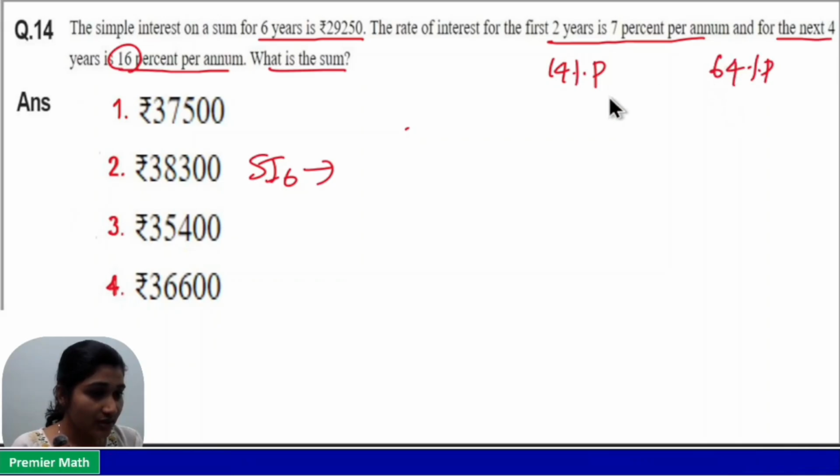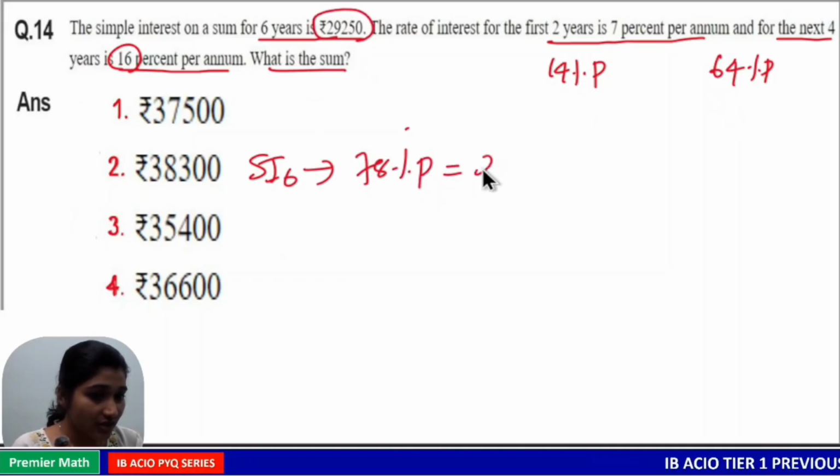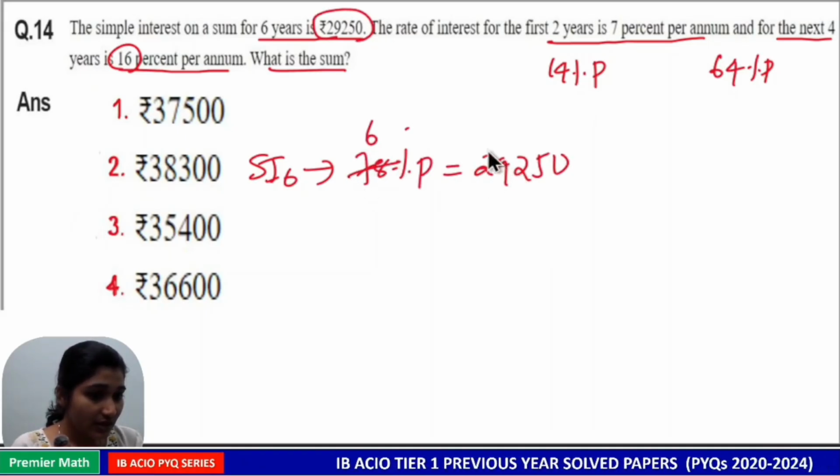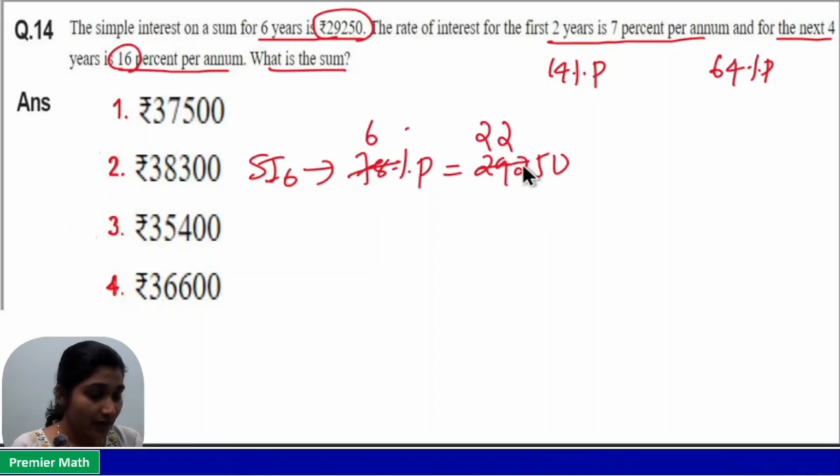So total 64 plus 14, 78% of the principal is the total interest generated in 6 years, which is given as 29250. 13 goes 6 times in 78, 2 times in 26, remaining 3, 2 times in 32, remaining 6, 6 times in 65, 5 times, remaining 0.